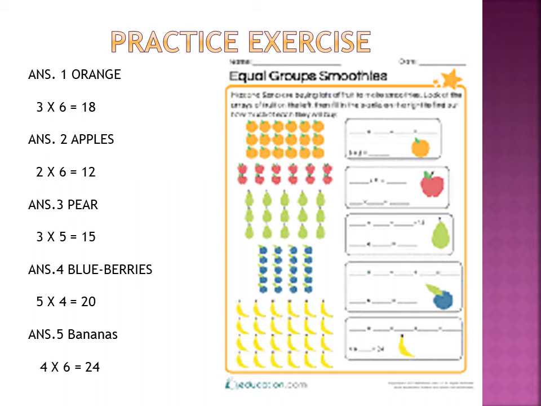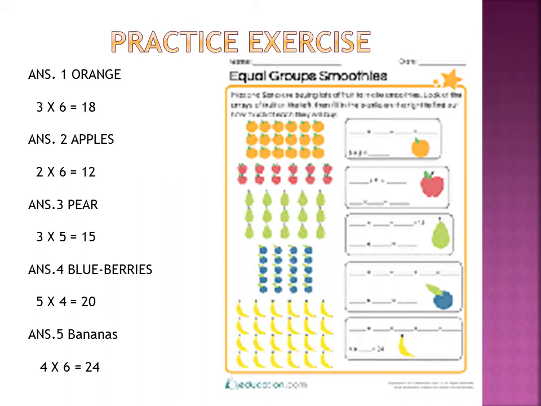You can see there are 4 rows, that means 4 groups, and each group has 6 bananas. So what will be the answer? 24. Correct.